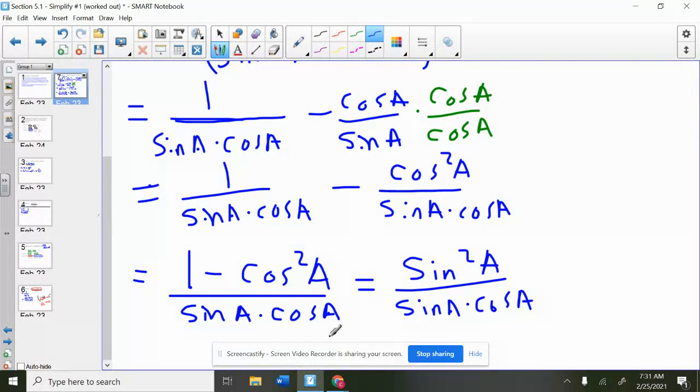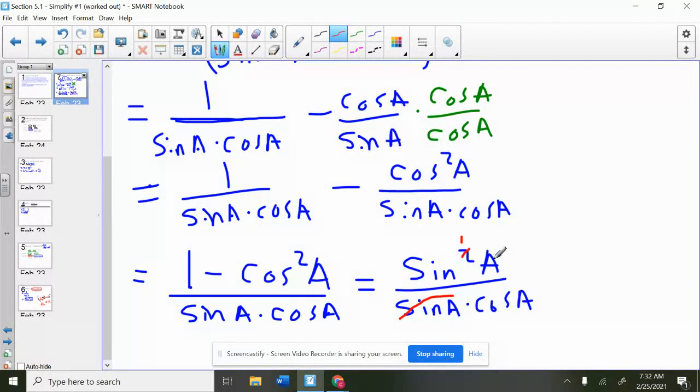Okay. Now at this point, I kind of have to see what I'm left with, but notice that both of these have a sine value. Now this doesn't cancel out completely because I have one sine here and I have 2 sines here. Because remember, sine squared is really sine times sine. So this is what I call a partial cancellation. I can take 1 away from here, that's gone. I can take 1 away from here and I'm left with 1.